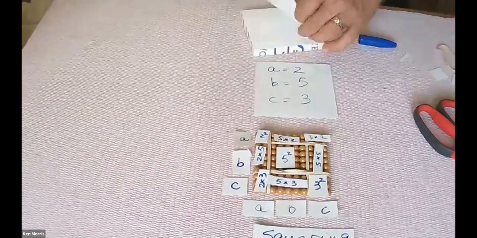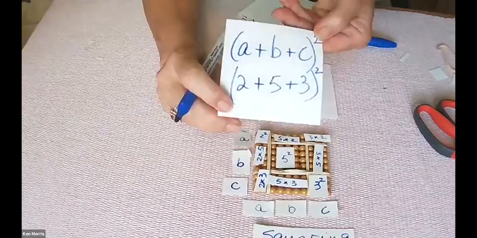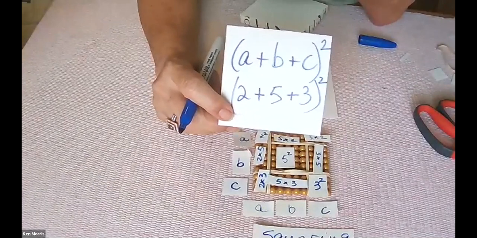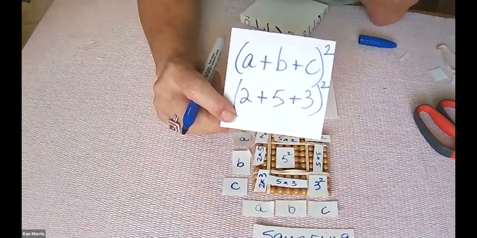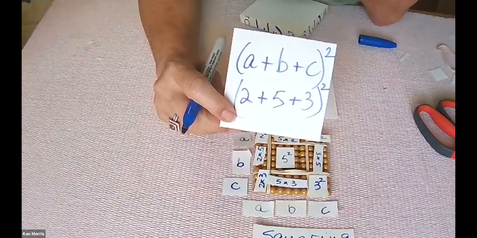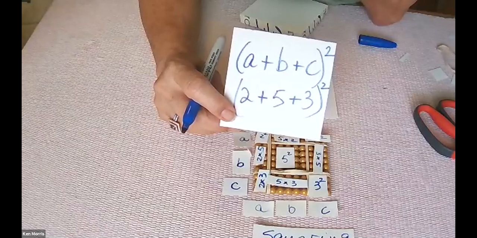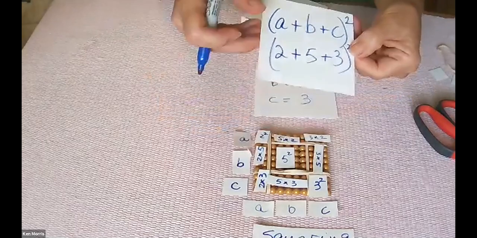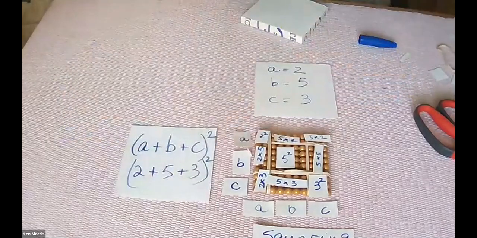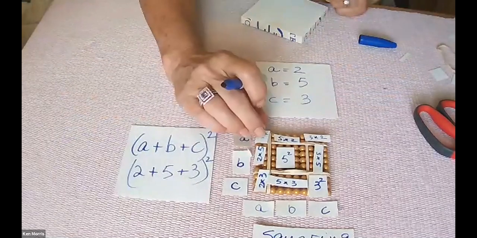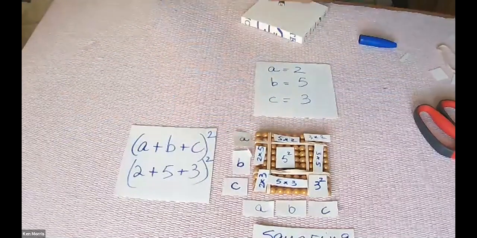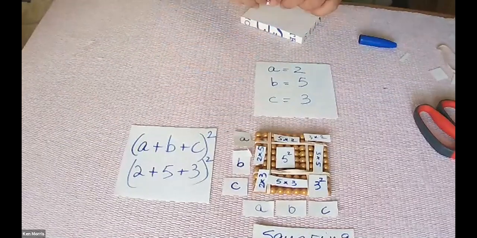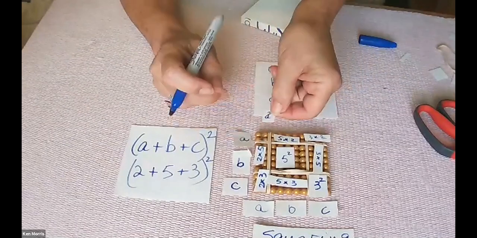So again, we have generalized this in order to come up with a general formula for squaring a trinomial, just like we came up with a general formula for squaring the binomial. So I'm going to take my 2 squared, turn it over, and write a squared, since a is equal to 2, and place it right back.